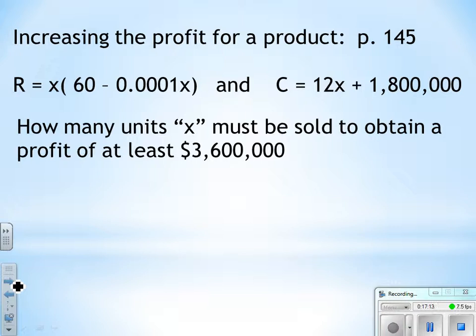Now I think you guys understand what revenue is. Revenue is money brought in. Okay, C in these types of models represents your cost or money paid out.